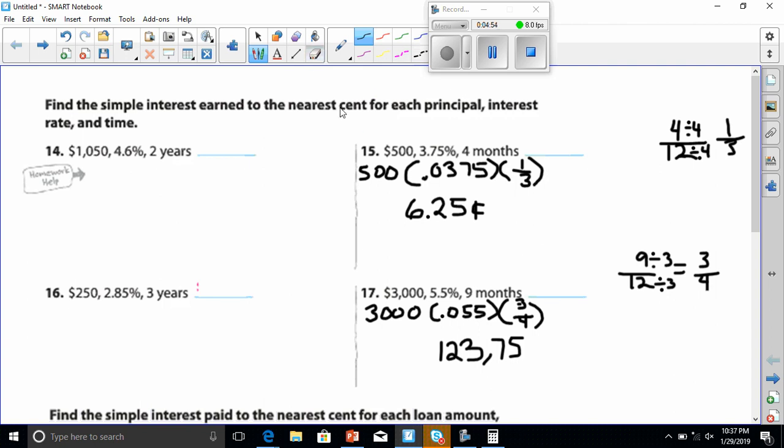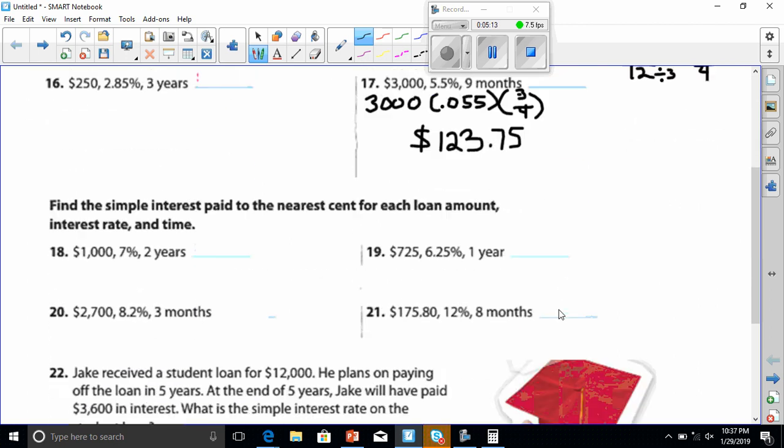All right. And I'm just going to go ahead and take that comma out of there because it really should have been a dot. And give it a dollar sign because we are talking about money. So in 9 months, I would have gained $123.75. Time to go on to number 19.